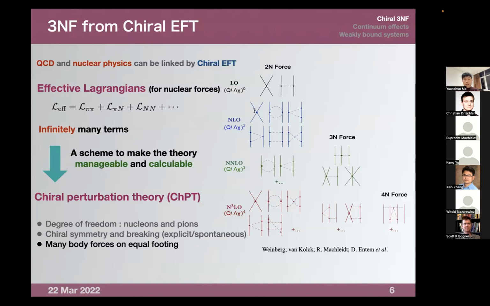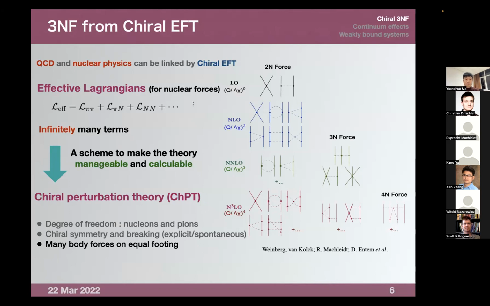In general, this kind of effective Lagrangian can have infinitely many terms. To make this theory manageable and calculable, we need the help of chiral perturbation theory, which can organize those terms order by order according to their importance.